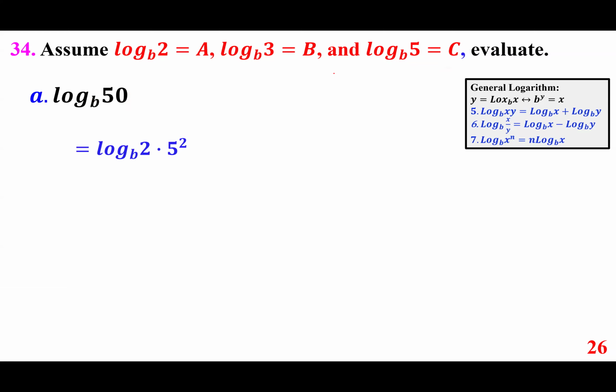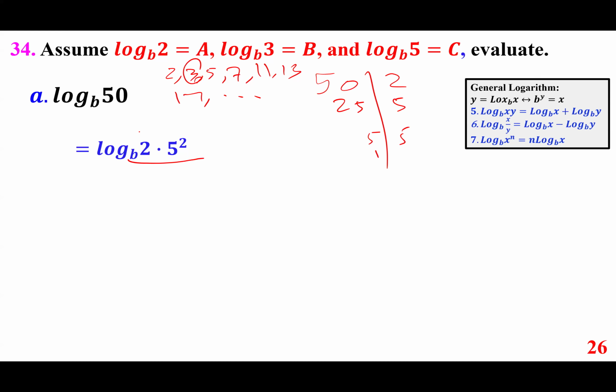You should know. We've discussed the prime numbers, 2, 3, 5, 7, 11, 13, 17, and so forth. So you divide by 2, you get 25. Is it divisible by the next one, which is 3? No, 5 gives you 5, 5 gives you 1, and this is what you get.